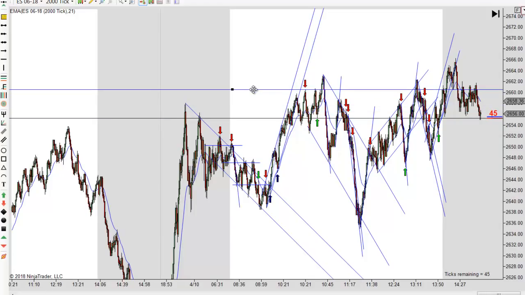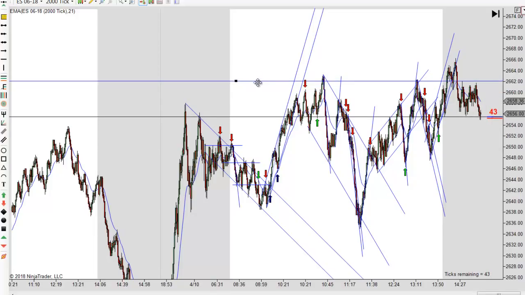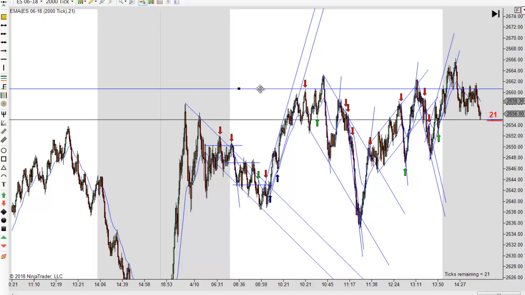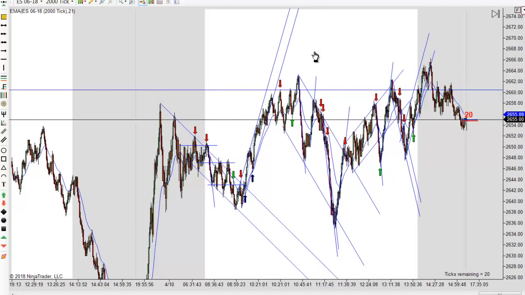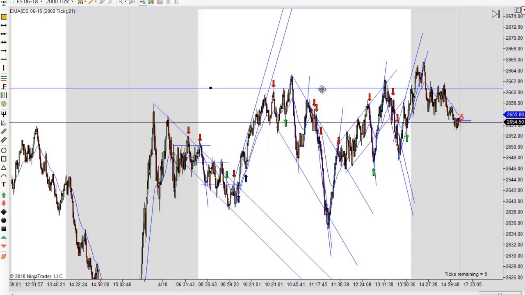And eventually you would have moved this line up higher where you get more consistent touches and really right along in that level. That's what makes this a little bit more difficult: there's not really a consistent level up there. What you want to see technically is it turning down at the same price level every time, or turning up at the same price level every time off the lows.